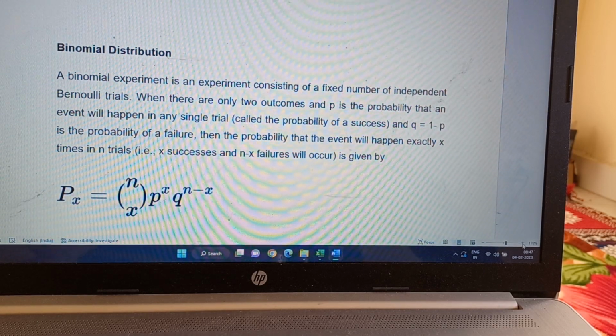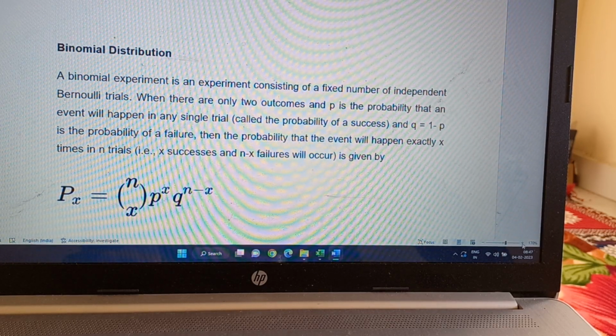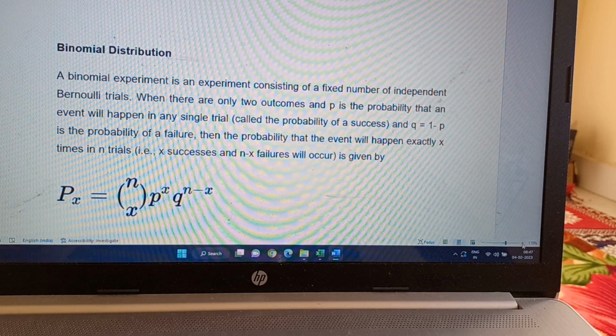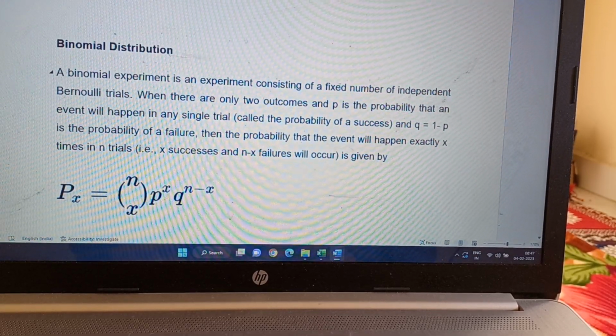Almost all of you would have heard about it. A binomial experiment is an experiment consisting of a fixed number of independent Bernoulli trials. Here the word is independent Bernoulli trials, and fixed number means the number is fixed.